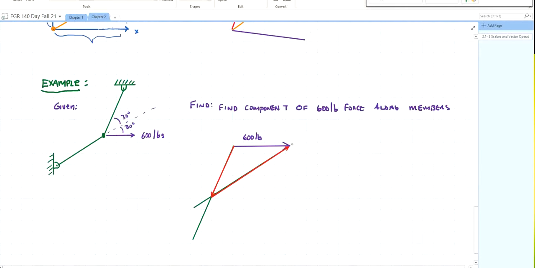We know that this angle here to this is 30 degrees. That makes this angle 30 degrees. And if this angle is 30 degrees, this angle has to be enough to make this equal to 180 degrees.